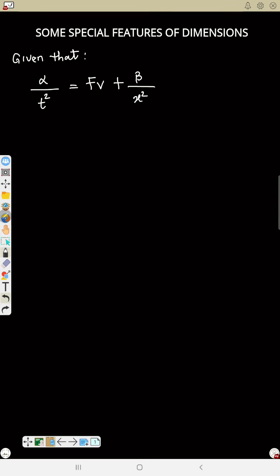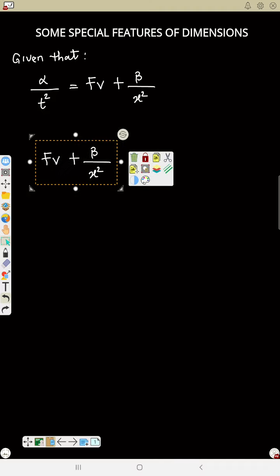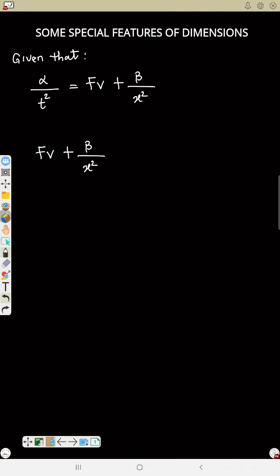That means in this question, to find alpha and beta, it is for sure if I consider this part, fv plus beta divided by s squared, I will have fv plus this, which must have the same quantity based on our definition.